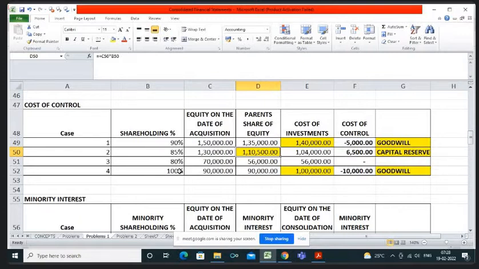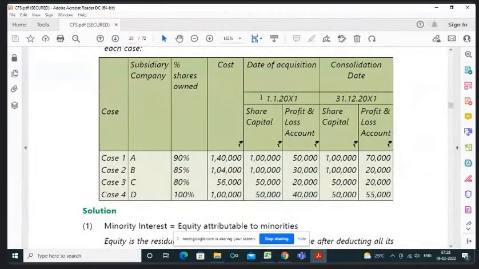And minority interest, we have to do it at the time of acquisition and each time when there is a consolidation. So both the times we have to compute. Here there are 2 dates given. So we have to calculate the minority interest as on 1/1/2011 as well as on 31/12/2011. How the minority interest is computed? Minority interest is simply the sum total of minority's share in capital plus reserves and surplus plus profit and loss.